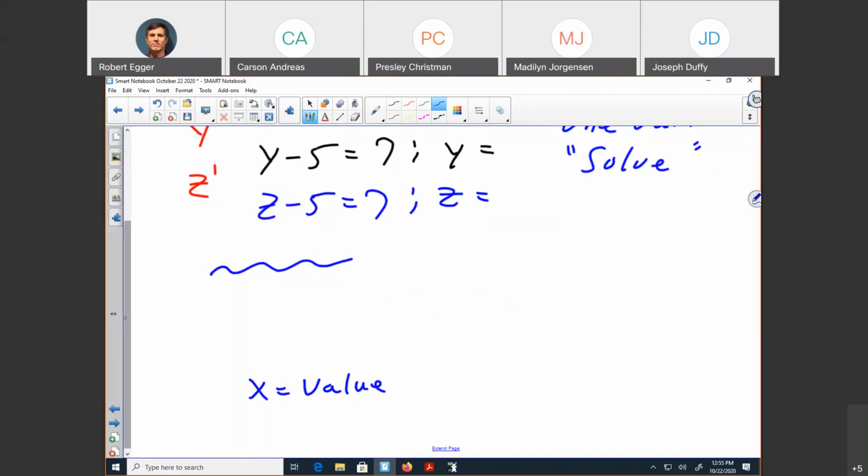And how are we going to do that? Well, believe it or not, order of operations, in a way. I'm a little ahead of myself here.